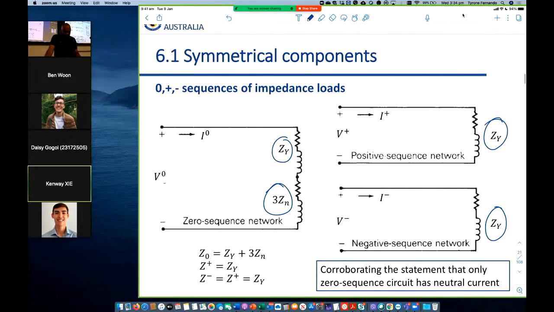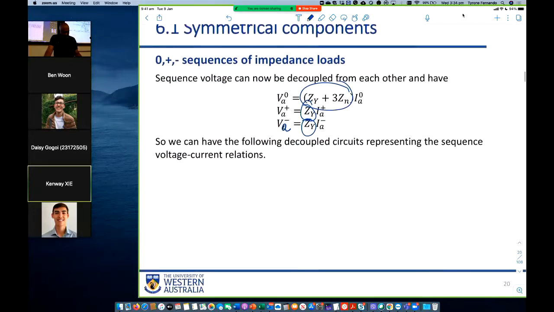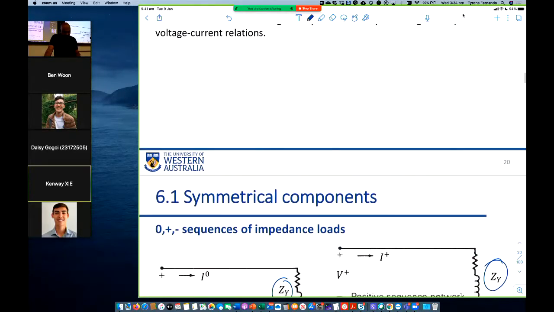So what are we having? We just have something like this. We have a star network, right? The star network had Zy. Zy. This is what we have, right? Zy. This is a star network. Something like that. And then what do we have?